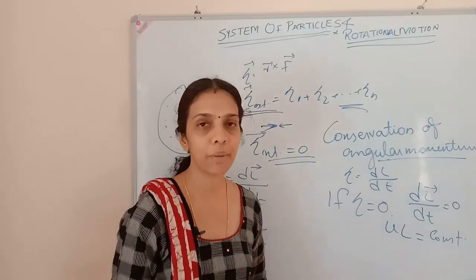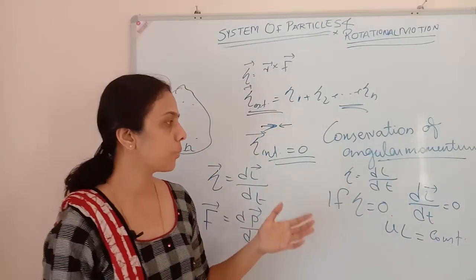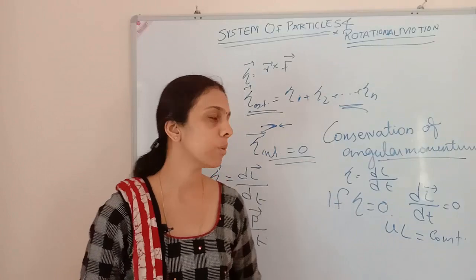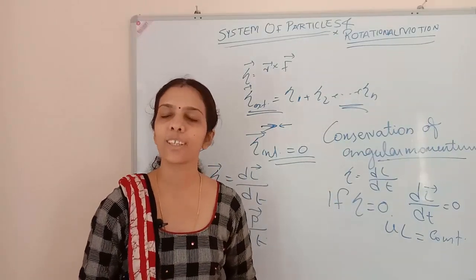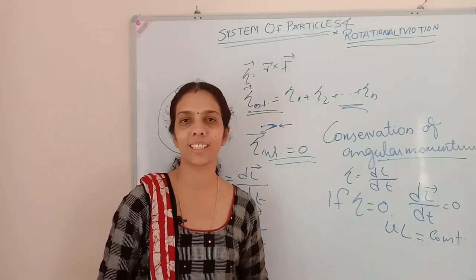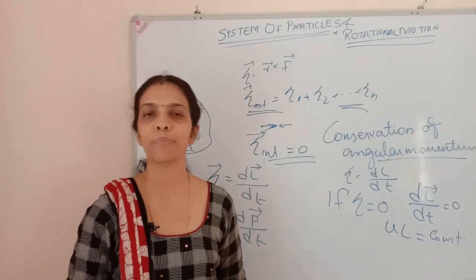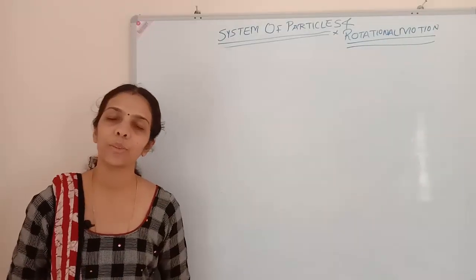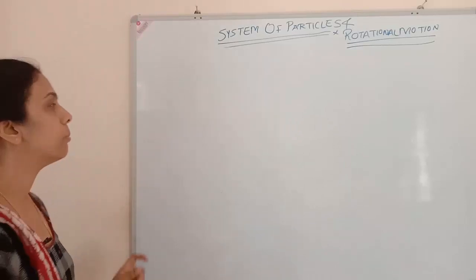Conservation means it will remain constant, just as energy conservation means energy remains constant. So in conservation of angular momentum, if there is no torque acting on the system, the angular momentum remains constant. Clear?